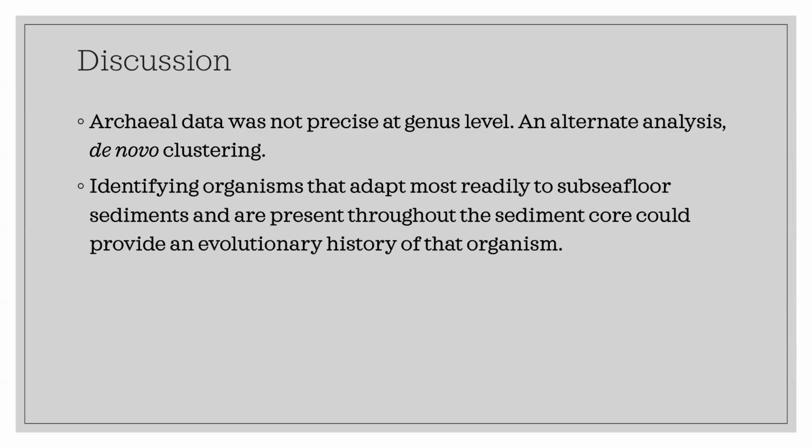We can also potentially look at the evolutionary history of one organism that's present through an entire core. Because a microorganism that is thousands of millions of years old is really closely related to what it was at the time of burial. So you can see little changes as you go up towards the seafloor and see the whole evolutionary history.